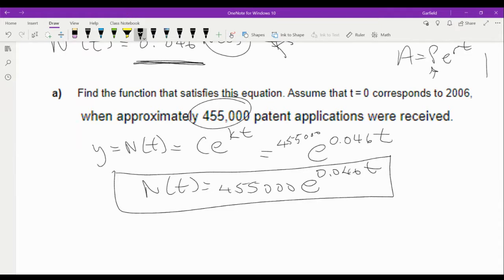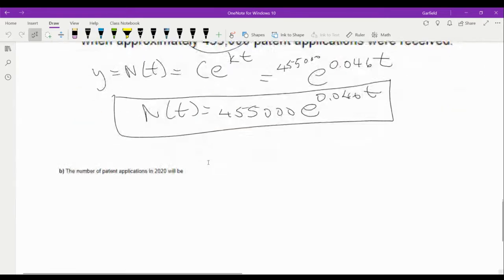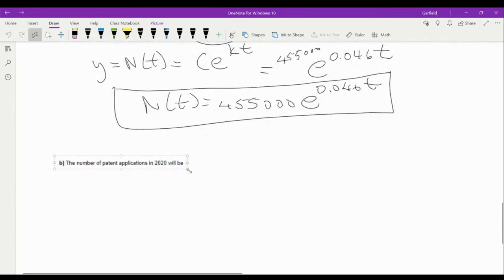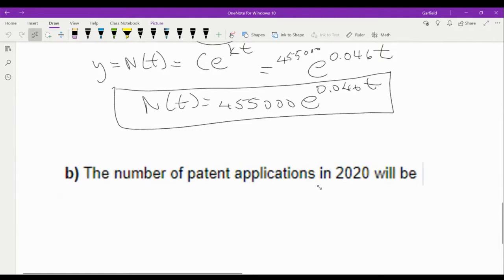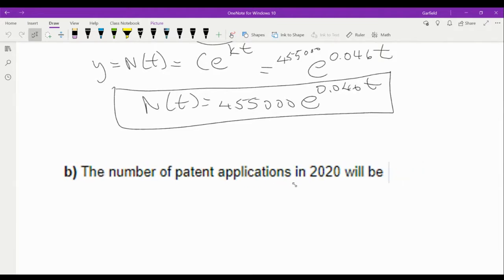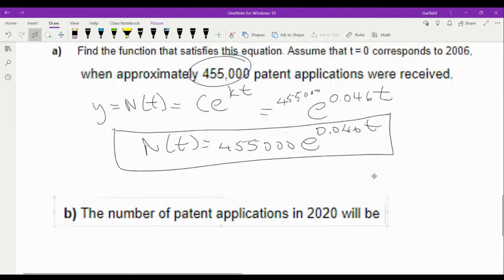Now part B says, find the number of patent applications in 2020. So what are they giving us now?